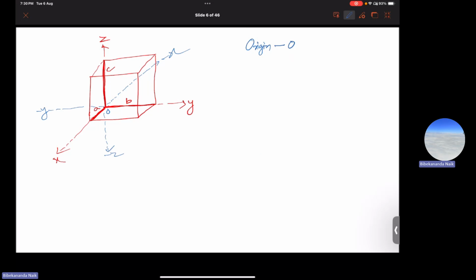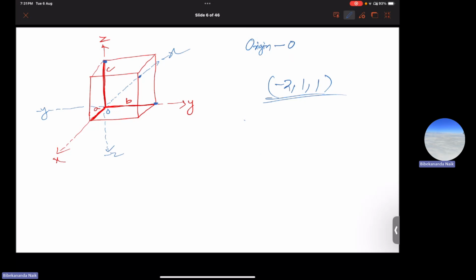The projection is minus 2A, so the projection of the OA vector is here. Along the Y axis, the projection is B, and the projection on the Z axis is C. So the point is minus 2A, B, and 2C, or minus 2, 1, 1. This is the point.